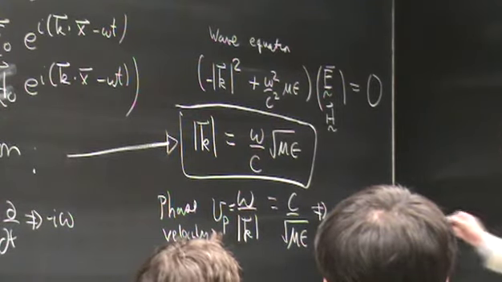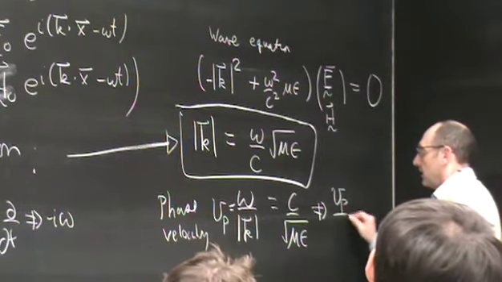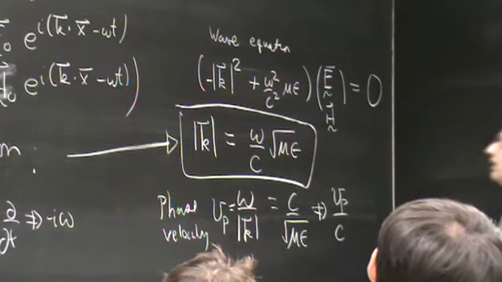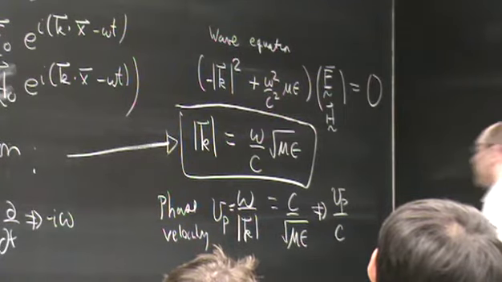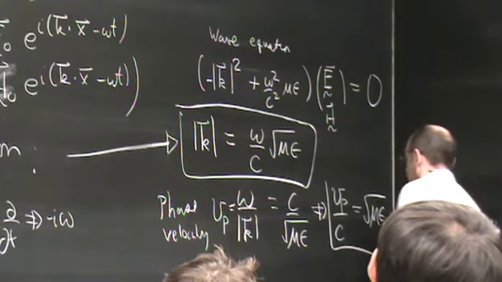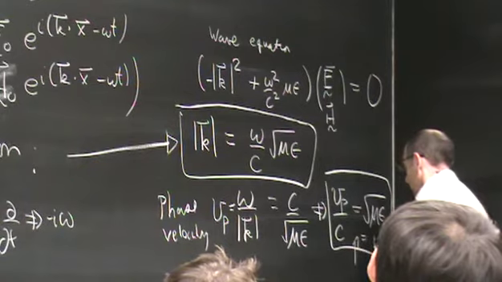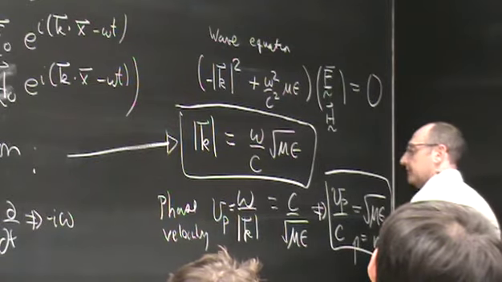And that amount is called the index of refraction. So the ratio of the speed of light in vacuum to the phase velocity is the square root of mu times epsilon, and that's known as n, the index of refraction. Should be 1 over?